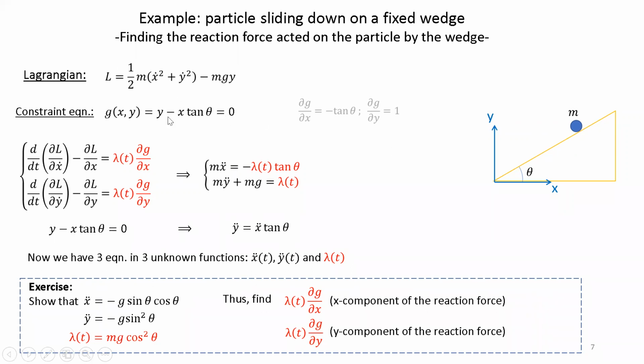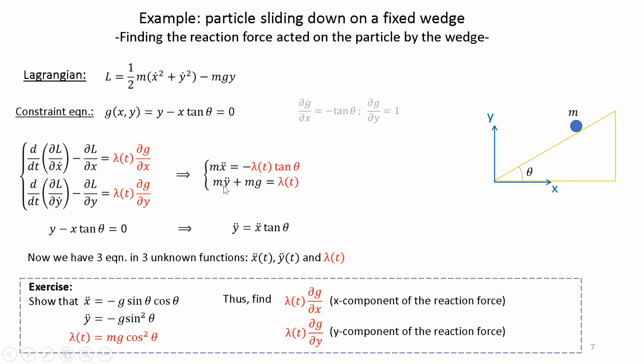So now apply what we have learned: Lagrange equation for x, Lagrange equation for y. But I have this additional term on the right hand side. This partial g partial x is just minus tangent theta. Partial g partial y is just 1, given here. Then these two Lagrange equations will give you these two equations of motion.